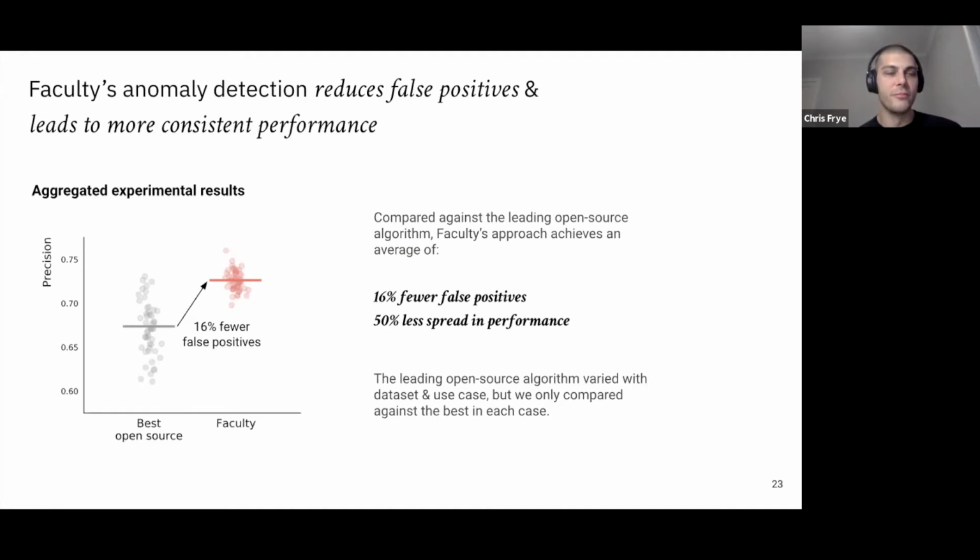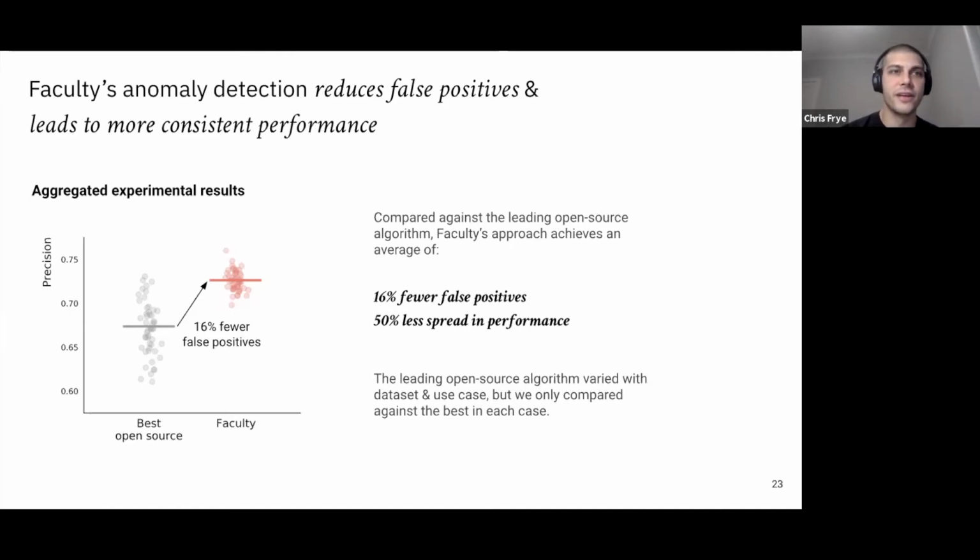And in gray, we compare to the leading open source algorithm on each data set and use case. Even though the leading alternative varied with each experiment on the previous slide, the gray points just represent the top performing open source method on that particular experiment. And the different gray points, again, correspond to different repeated experiments.